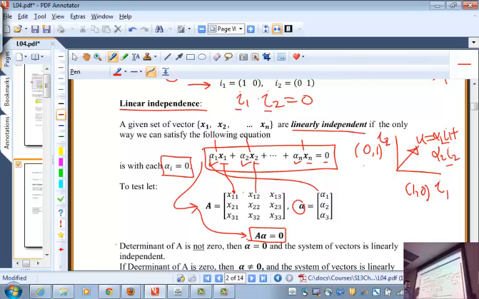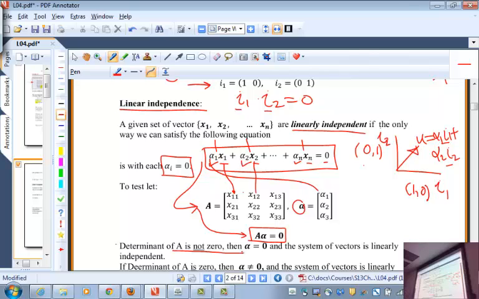We want all alpha to be equal to 0. So how can you satisfy this equation A alpha equal to 0? Either alpha is equal to 0 or A is equal to 0, right? So we want alpha to be equal to 0. We don't want A to be equal to 0. And that means that the determinant of A cannot be 0.